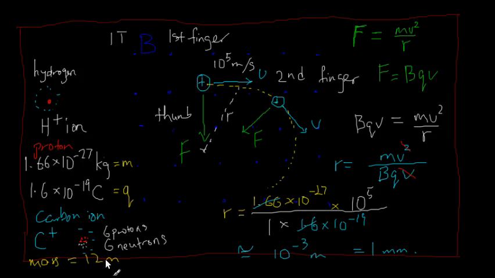Indeed, if you look up carbon in the periodic table, you'll find that 12 is the mass number, and the mass number is basically the total number of protons and neutrons.